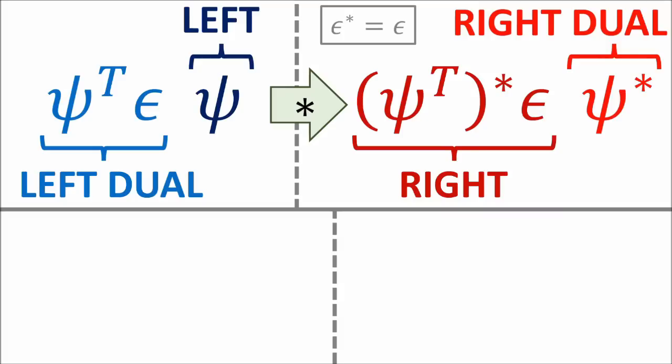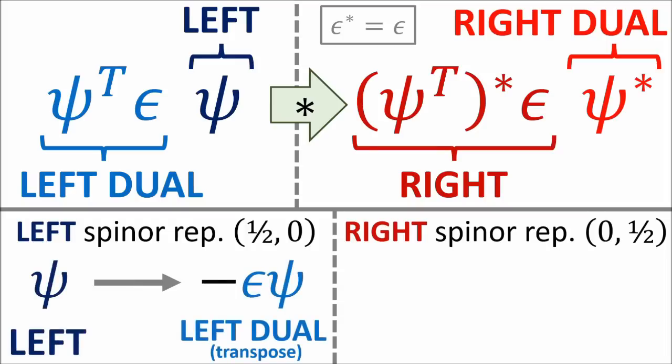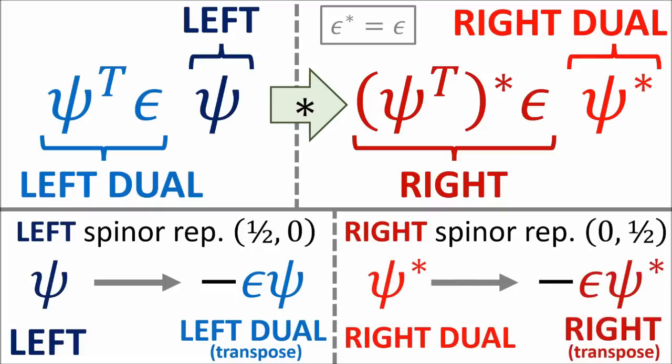So we previously talked about the left and right spinor representations. So where do these dual left and dual right spinors come from? It turns out these are not from new representations. We can flip between the left and left dual spinors by invoking the transpose and using epsilon as a change of spinor coordinates matrix. The same is true for changing between the right and right dual spinors.